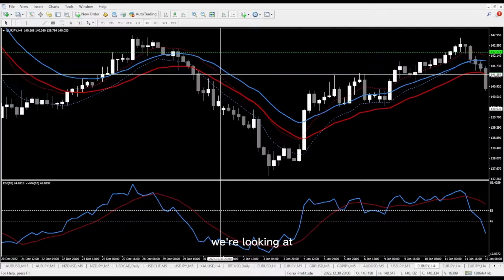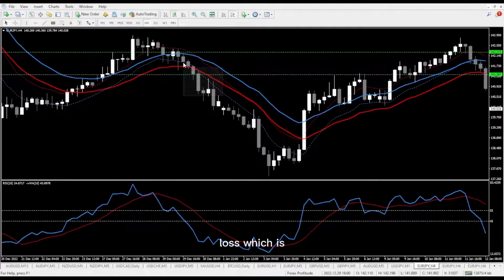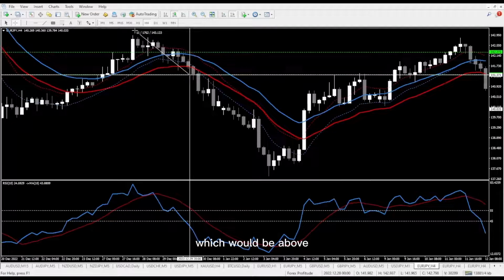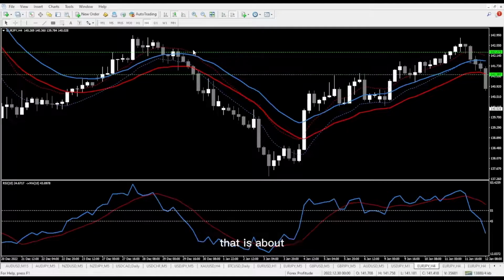So in this case, we're looking at a stop loss that is about 85, 86, 87, maybe closer to 90 pips. So we've got that 90 pip stop loss, which is much better than what we'd be looking at traditionally, which would be above the swing high, which is 175 pips.